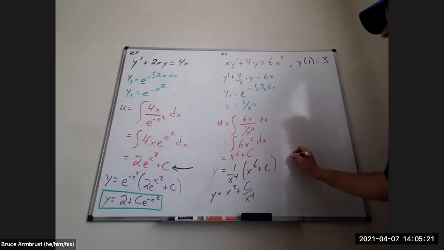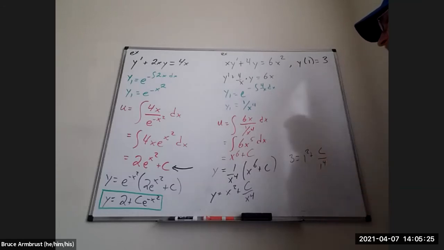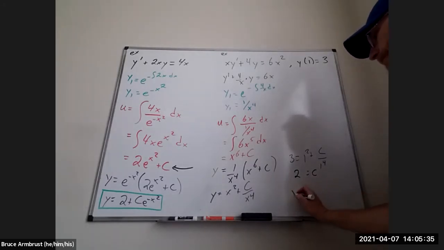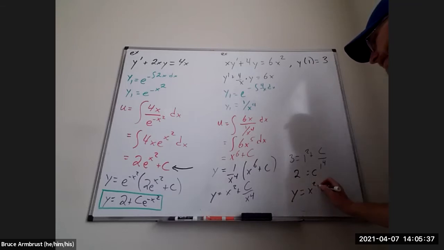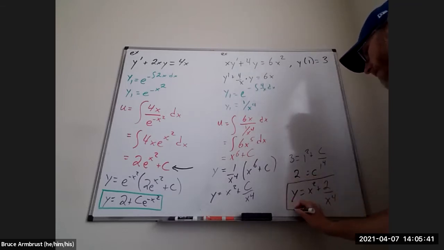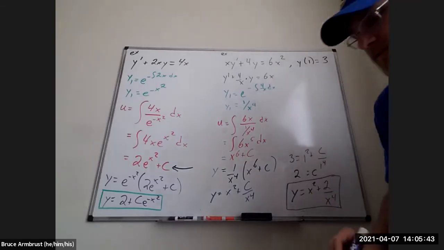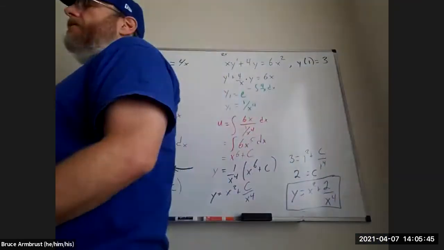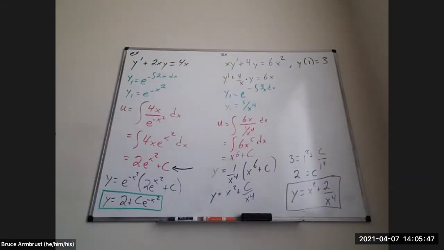So we're going to get 3 is equal to 1 squared plus c over 1 to the 4th, which tells us that c is equal to 2. So if we had added on that initial value, we find that our solution is y equals x squared plus 2 over x to the 4th.